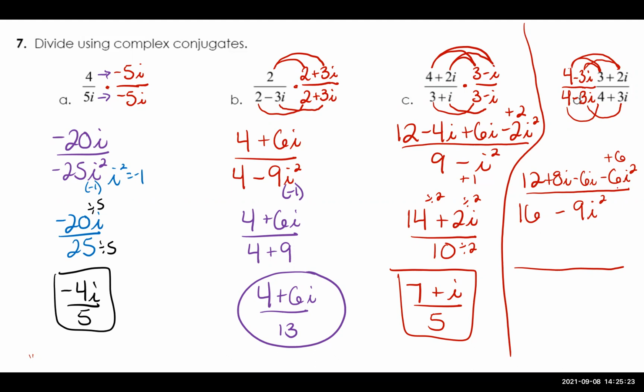Negative 6 times negative 1 is a positive 6. And 12 plus 6 is 18. Then we have 8i minus 6i is a positive 2i. Then we want to change this to a positive 9. And 16 plus 9 is 25.